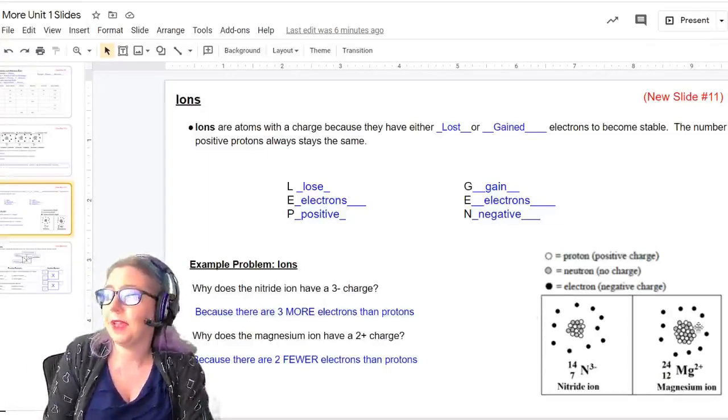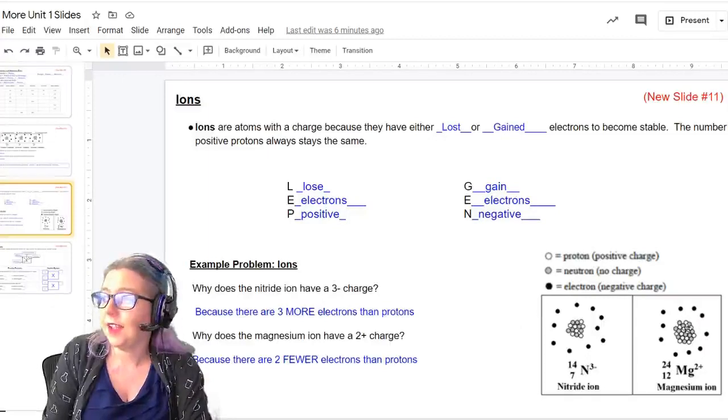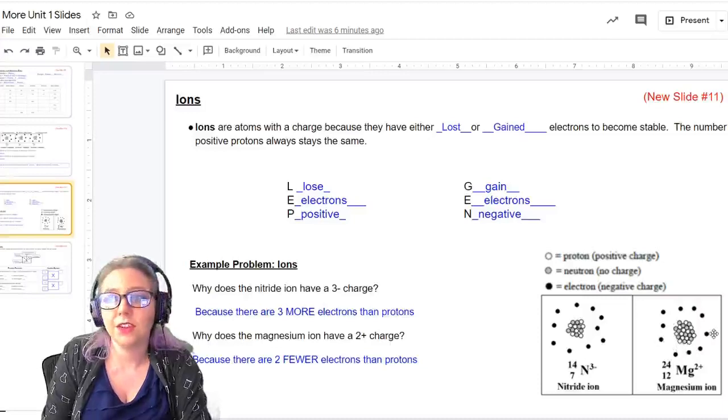Then when I look at my magnesium, it has 12 protons in the nucleus, and then this ion has 1, 2, 3, 4, 5, 6, 7, 8, 9, 10 electrons. So I have 12 protons minus 10 electrons. I have 2 left over. So I have a +2 charge.